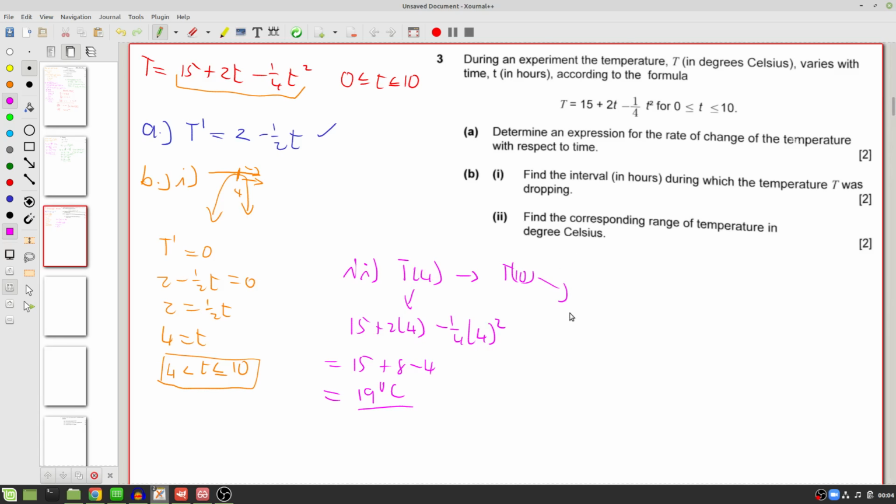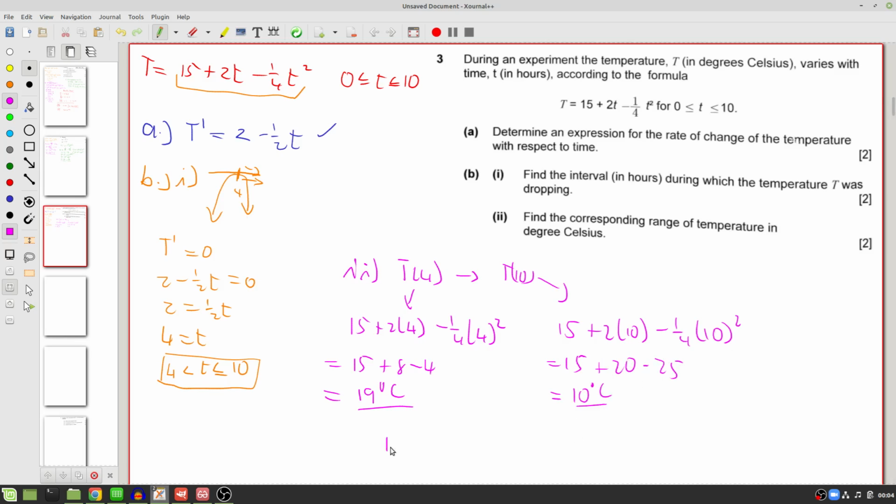Then we do T of 10, so again we just substitute 10 in place of t. That gives us 15 plus 2 times t, which is 10 in this case, minus a quarter times t squared, and that'll be 10 squared in this case. That gives us 15, 2 times 10 is 20, 10 squared is 100, quarter of 100 is 25, so we've got minus 25. 15 plus 20 is 35, and 35 minus 25 is 10 degrees Celsius.